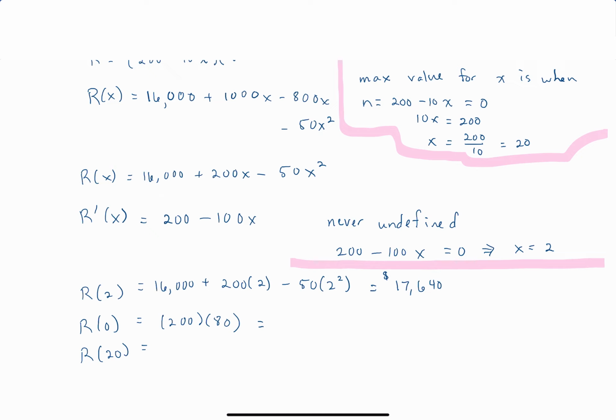So that's going to be the same thing as if I do 16,000 plus 200 times 0 minus 50 times 0 squared. So you can either use the original information that was given in the problem, or we can use the function we set up. Either way, we get 16,000. And as we said a minute ago, if we increase the price 20 times, we'll end up with zero revenue because we'll be renting out 0 rooms.